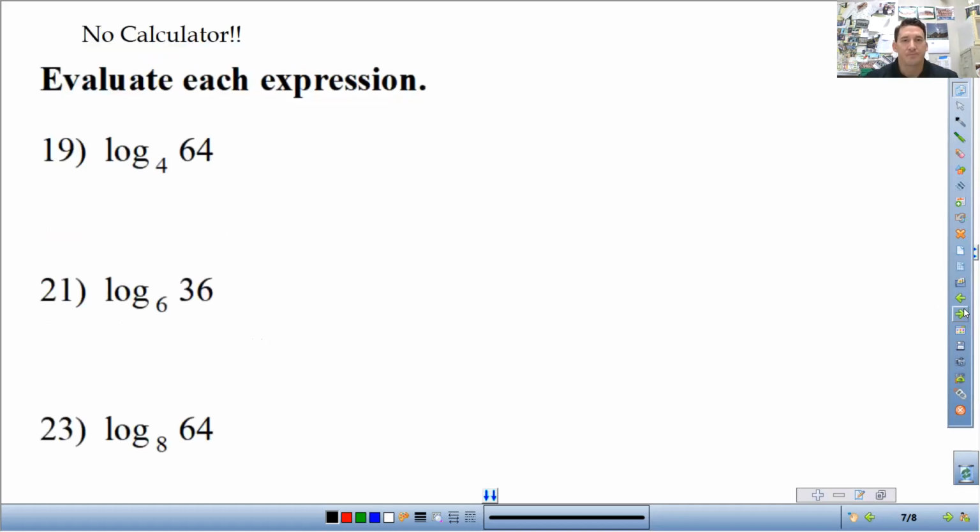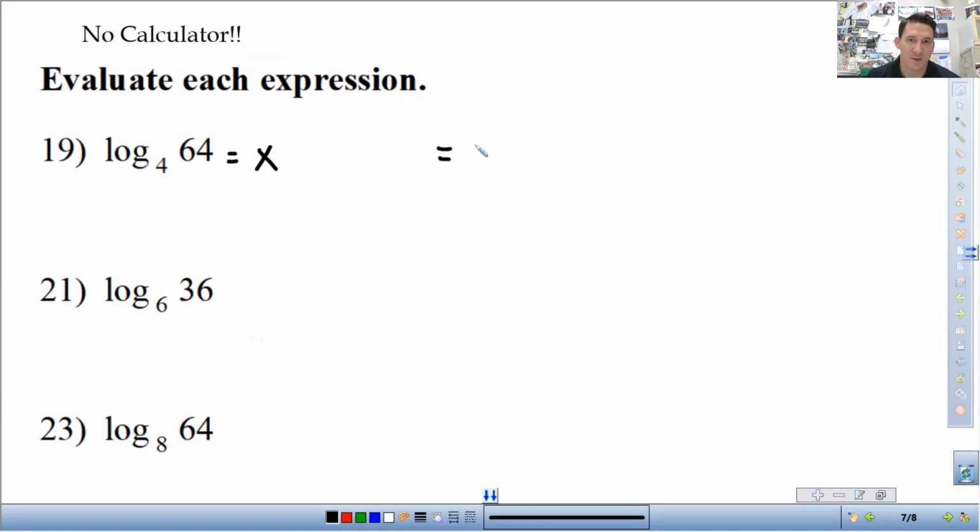All right, so here, evaluate these without a calculator. These can be tricky, but sometimes it's easier to think about this in terms of an exponent. All right, so let's say this is equal to some number x. I'm going to rewrite this in exponential form. So remember, these switch spots.